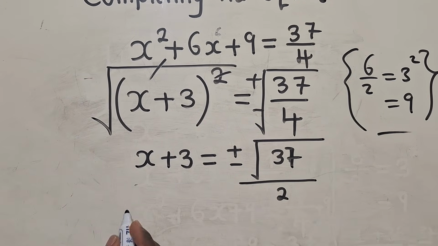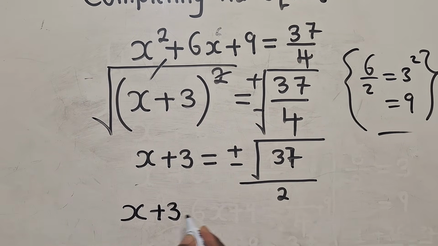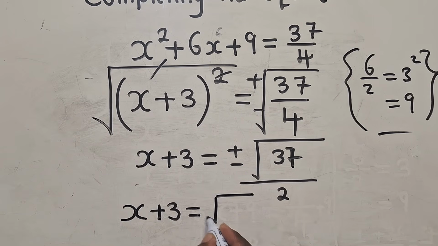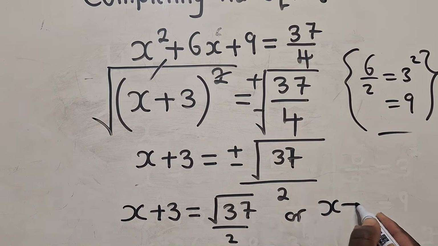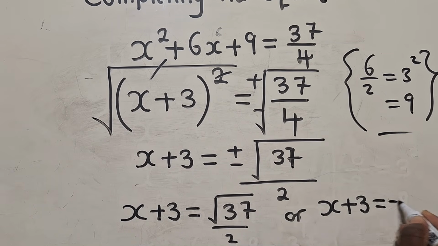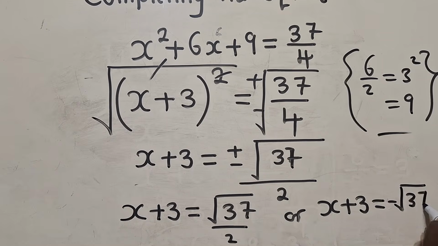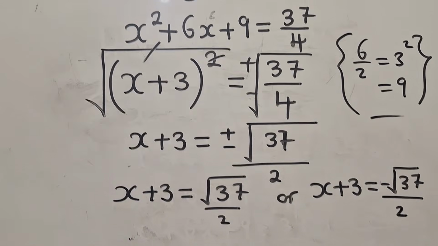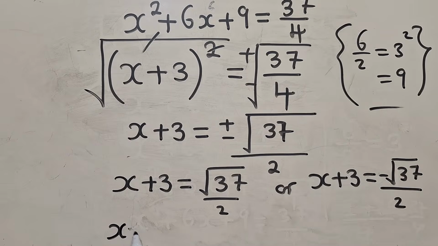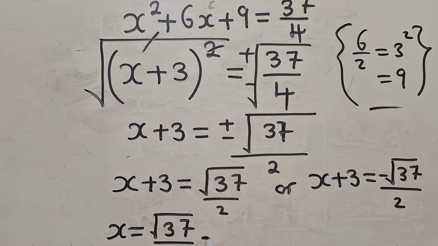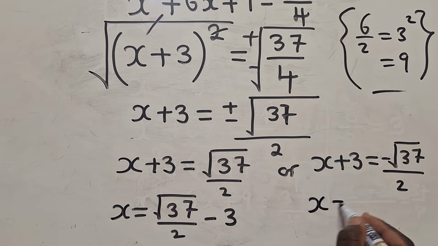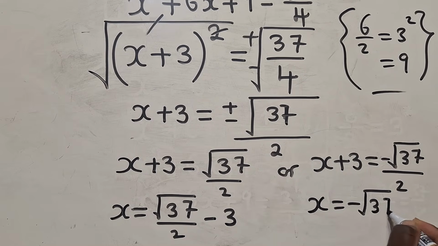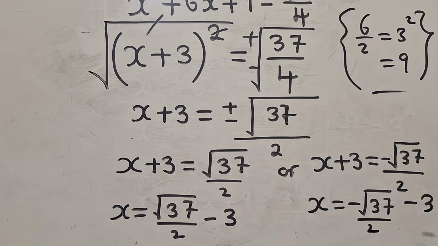So now we can say x plus a 3 is equal to square root of 37 over a 2, or x plus 3 is equal to negative square root of 37 over a 2. Okay, so this is what we have. We have x is equal to square root of 37 over a 2 minus a 3. I've just grouped the like terms. And here, x is equal to negative square root of 37 minus 3 over a 2.